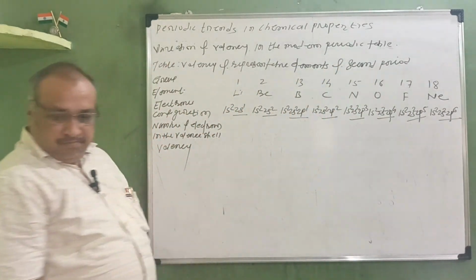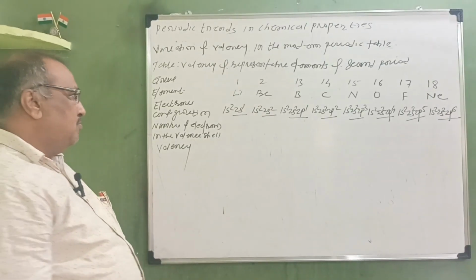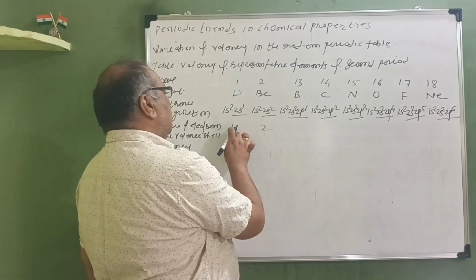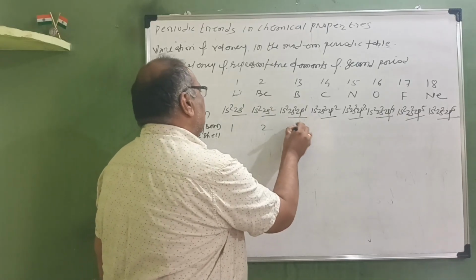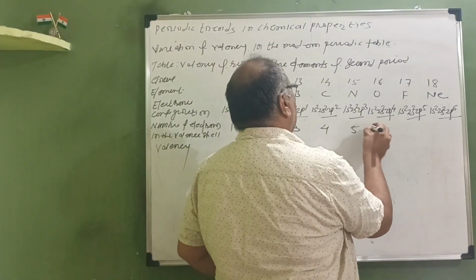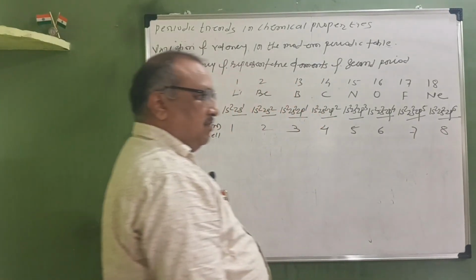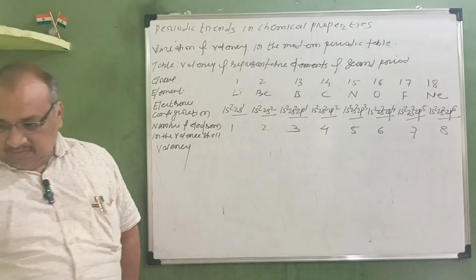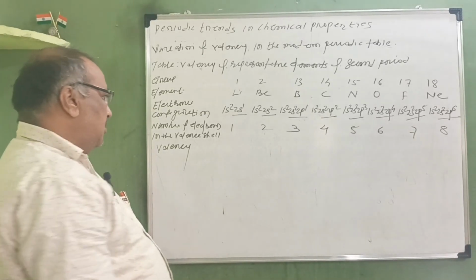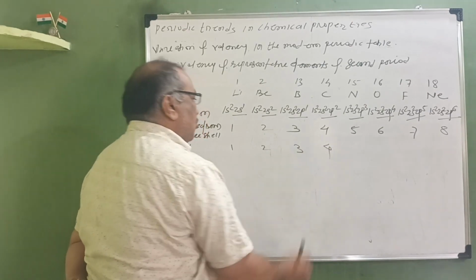Now then write down number of valence electrons. Here 1, 2, 3, 4, 5, 6, 7, 8. Valency: 1, 2, 3, 4.